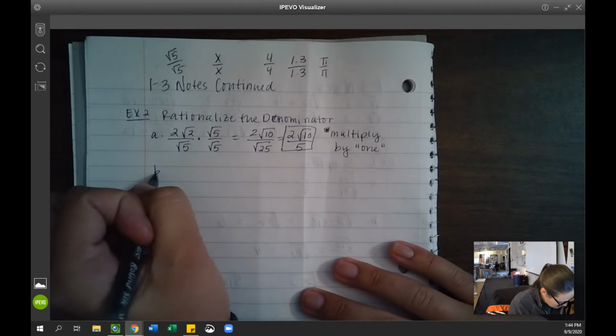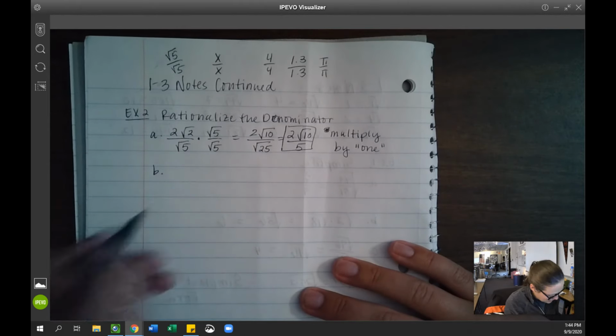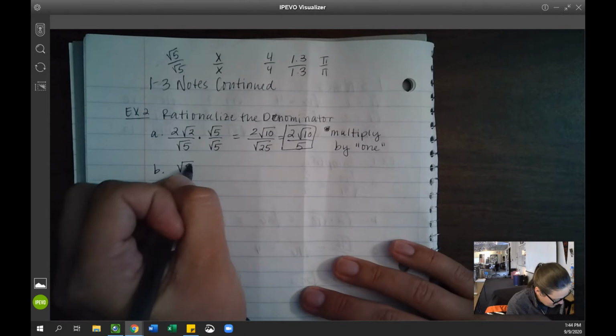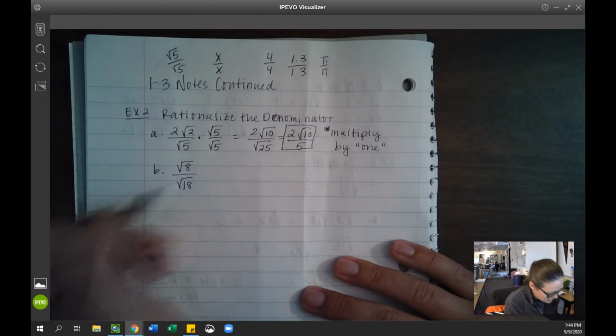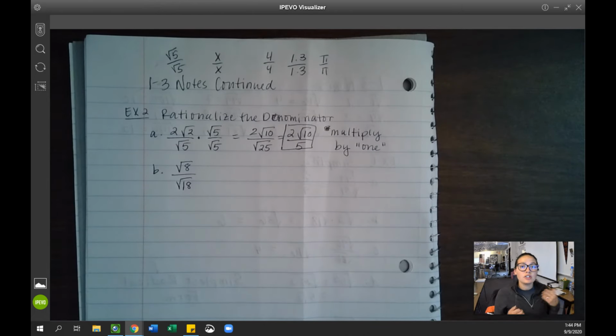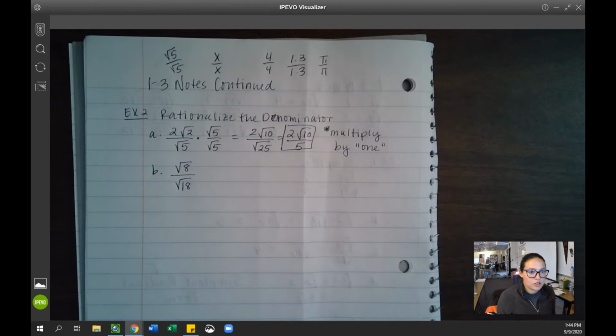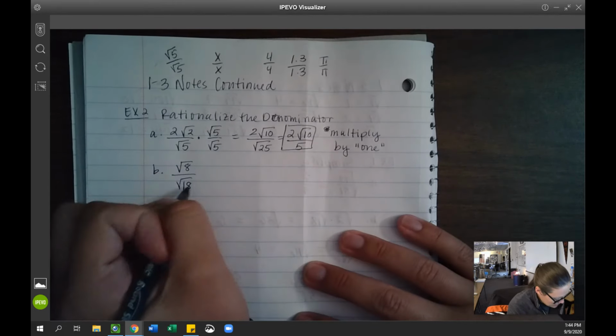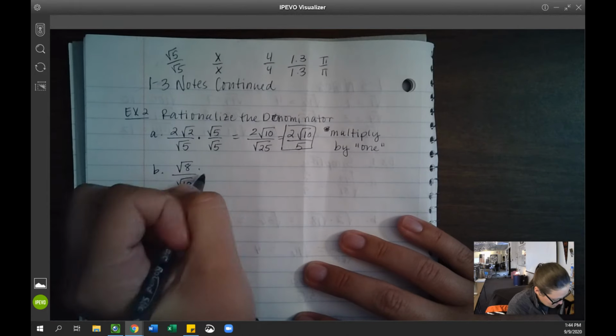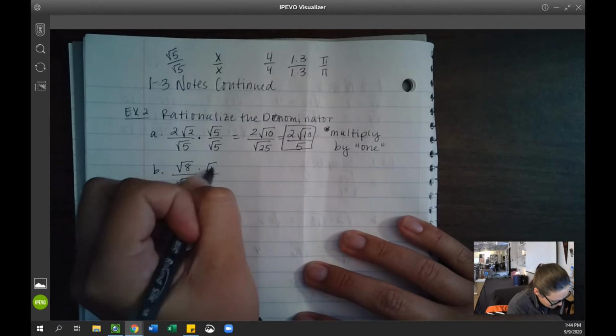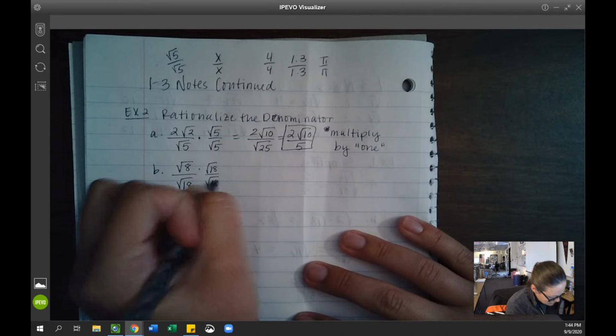Let's try another example. Let's say I have the square root of 8 divided by the square root of 18. Okay, to rationalize the denominator, I'm going to multiply by 1. And what's my version of 1 going to be? It's going to be whatever the denominator is. So I'm going to multiply by the square root of 18 over the square root of 18.